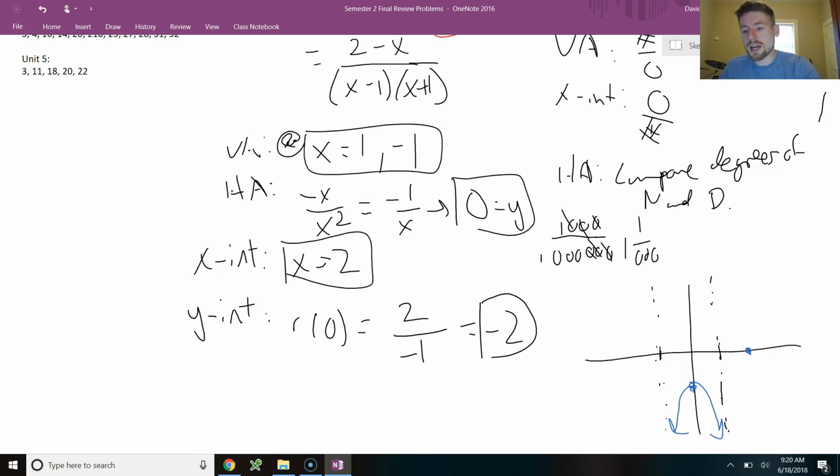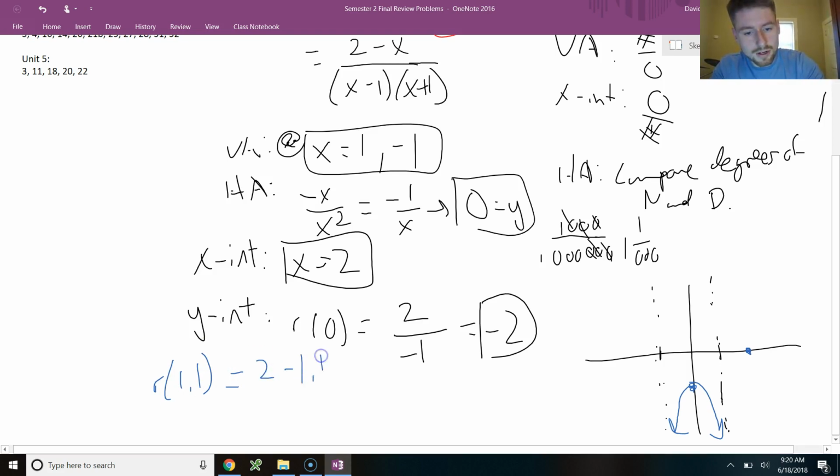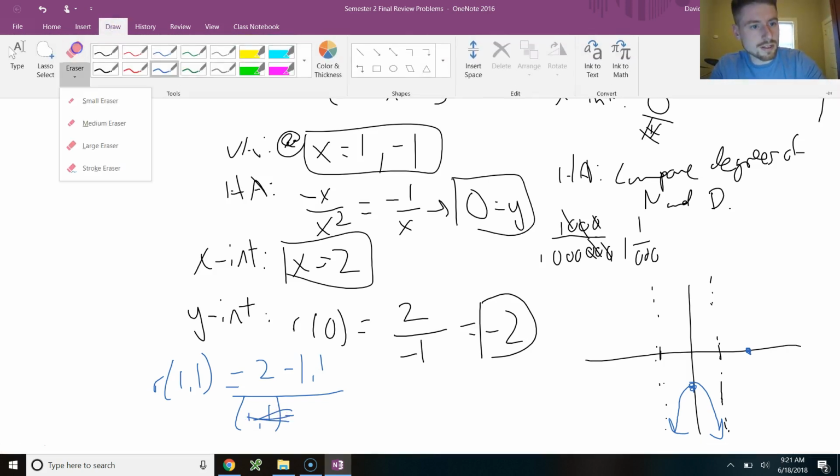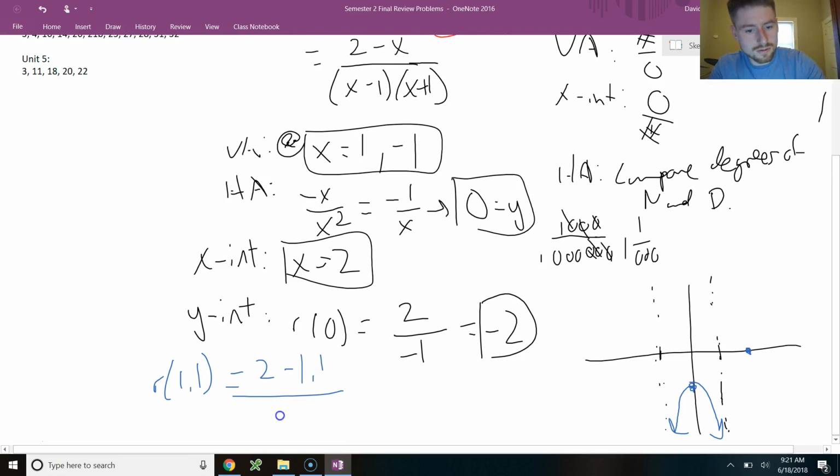So if I think about what's happening just on the right side of 1, like a number like 1.1, r of 1.1 is equal to 2 minus 1.1 over 1.1 minus 1, times 1.1 plus 1.